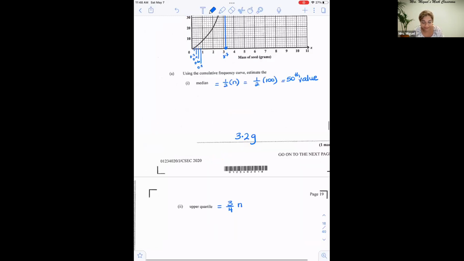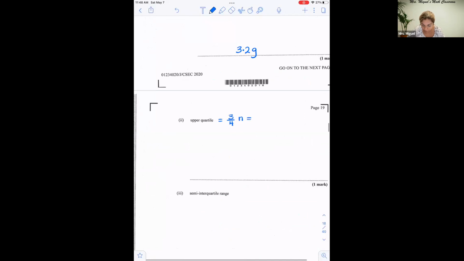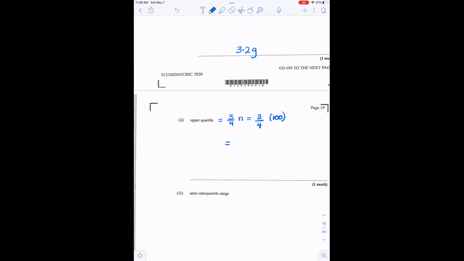And what is N? Well, N is the number of students. 3/4 of 100. Work out that for me. 75.